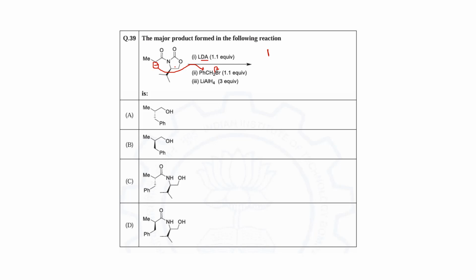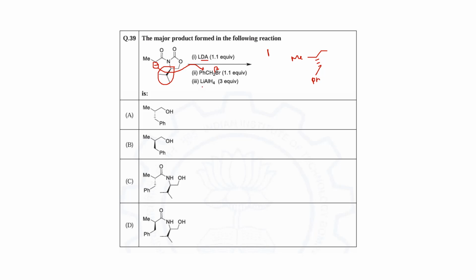Now as this auxiliary group contains an isopropyl group above the plane, obviously this group will come from below the plane, so your product will be this one.